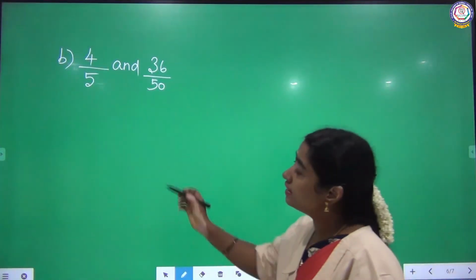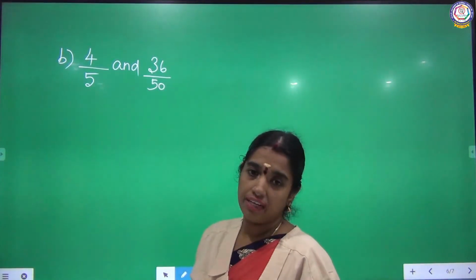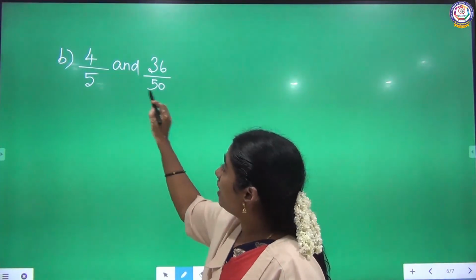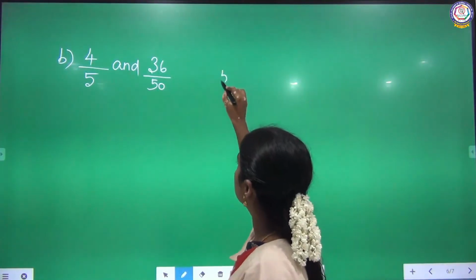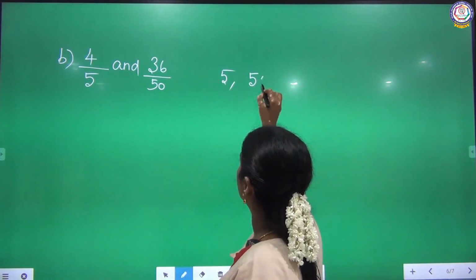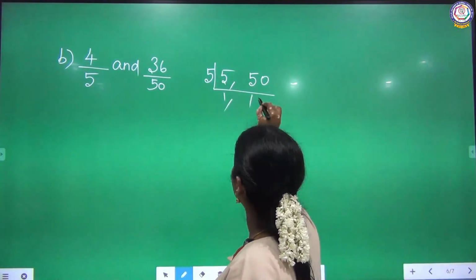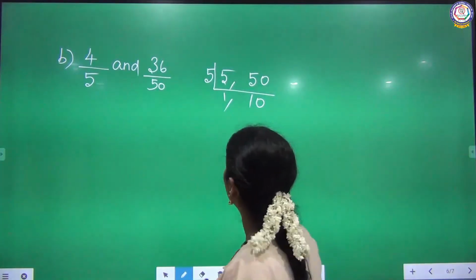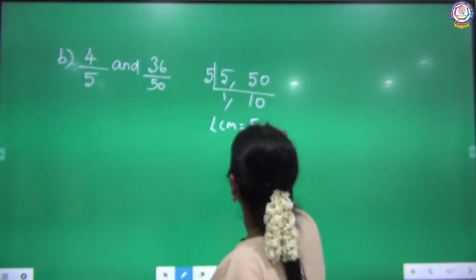Listen, here 4 by 5 and 36 by 50 are there. See, 5 and 50. So what you have to do? Just take the LCM. 5 comma 50. Listen, 5 ones are 5, 5 tens are 50. Okay, see my LCM is what? 5 into 10.